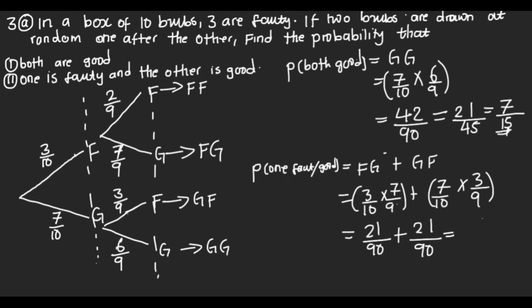So we can add this, will give us 42 over 90. So if we reduce 2 here is 21 over 45, which is the same as 7 over 45. So this is how we can answer these questions.